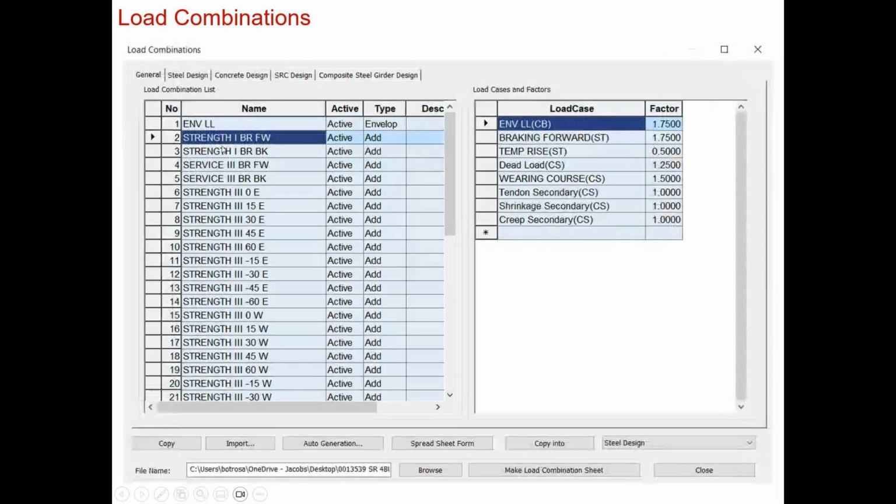However, for the strength load combinations, you only include the tendon secondary effects; you do not include the tendon primary effects. The P by E moment effect is not included in this stage. We only include the secondary effects from prestressing and shrinkage and creep, along with the construction stages from dead load and live load, and braking loads. And of course, each with its respective load factor.